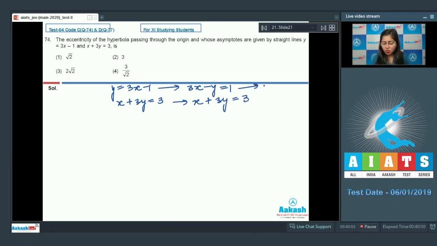Now here we can say that the slope of this line M1 is equal to -3/-1, that is 3, and the slope of this line M2 is equal to -1/3. So here we can observe that the two lines are perpendicular to each other, that is, the asymptotes are perpendicular to each other. So we can say that the given hyperbola should be a rectangular hyperbola, and for a rectangular hyperbola we know that the eccentricity is equal to root 2. So the correct answer will be option number 1.